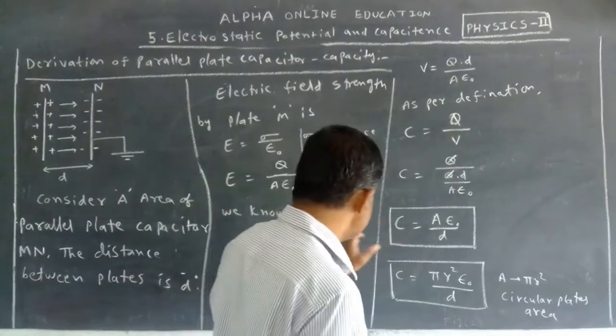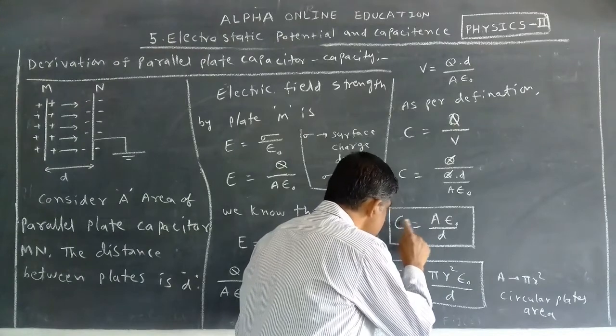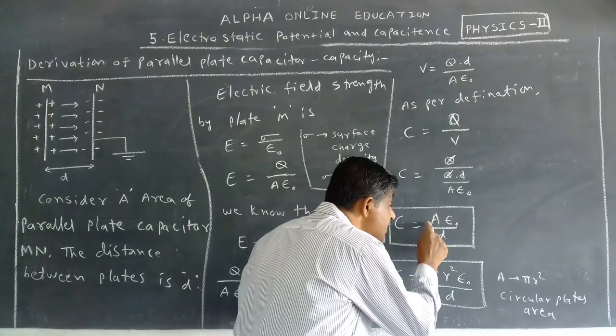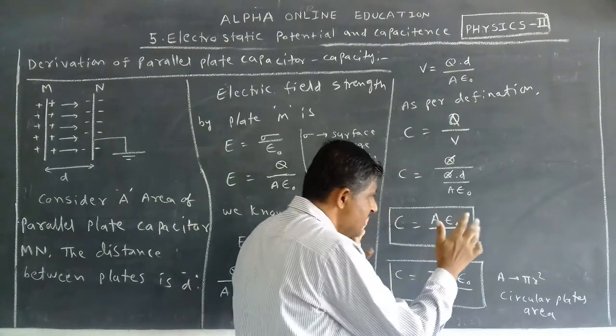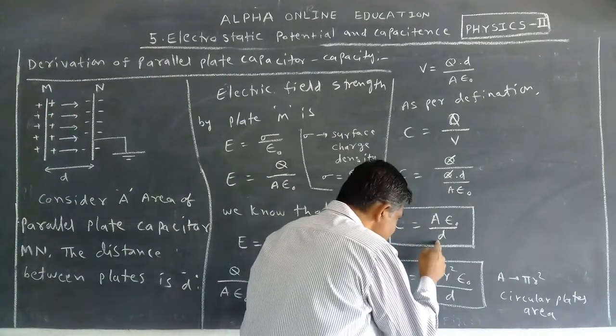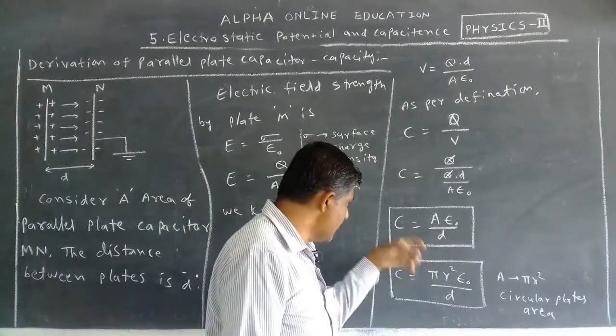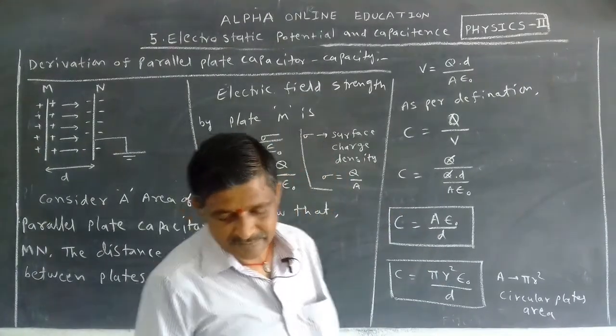Now from this equation we can notice 2 points. Capacitor capacity increases when the area increases. Area is more, capacity is more. Otherwise, when distance decreases, the capacity increases.